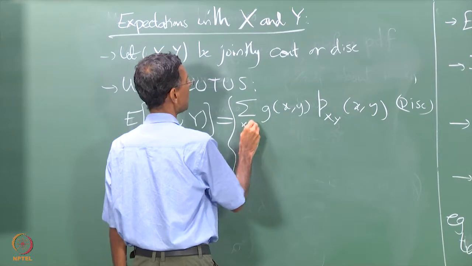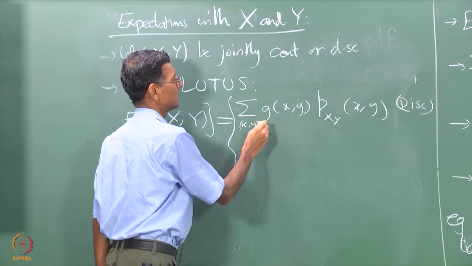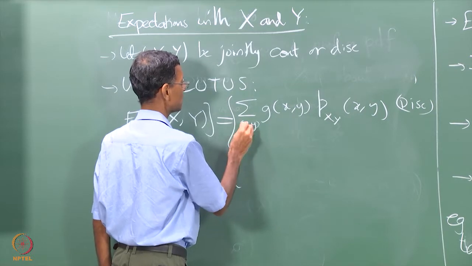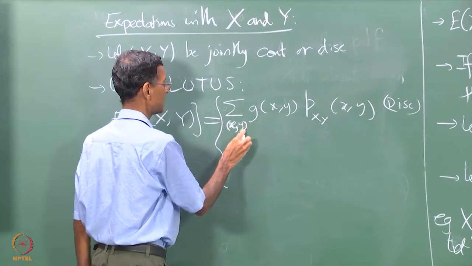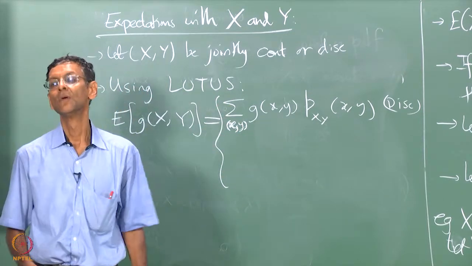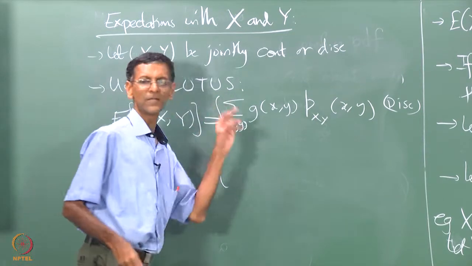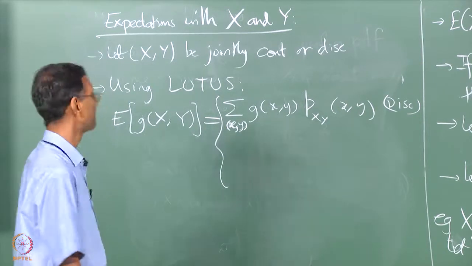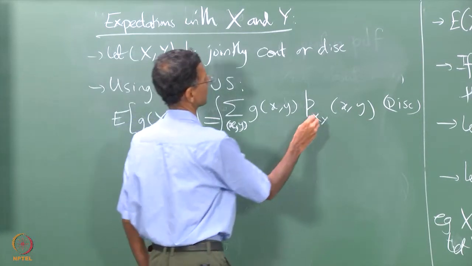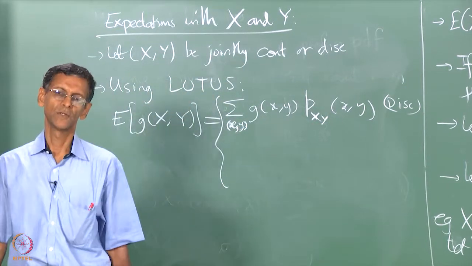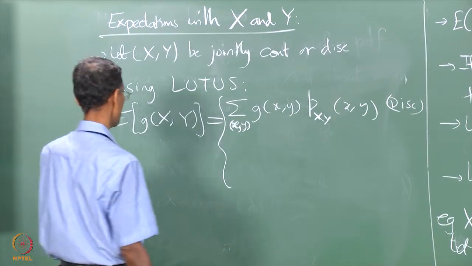Over all allowed pairs x, y in omega xy. I think this may not come so clearly in the recording, but can't help it. So that means you are doing the sum over all points in the space omega xy.